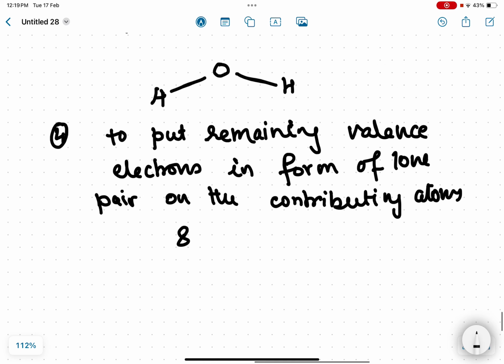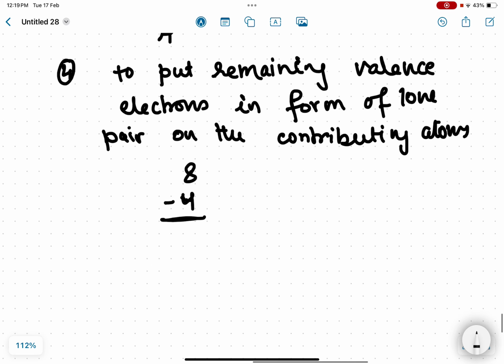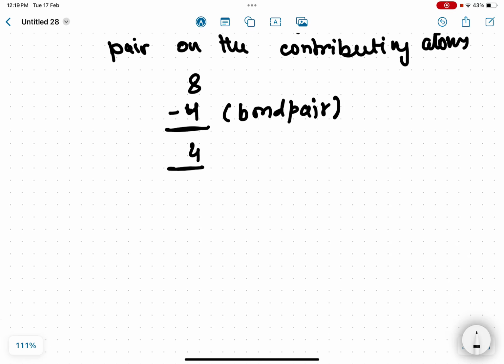And if we see there are two bond pairs, so four electrons are already consumed in the form of bond pairs. So the remaining number of electrons would be 4. So 4 electrons we can put as lone pairs.